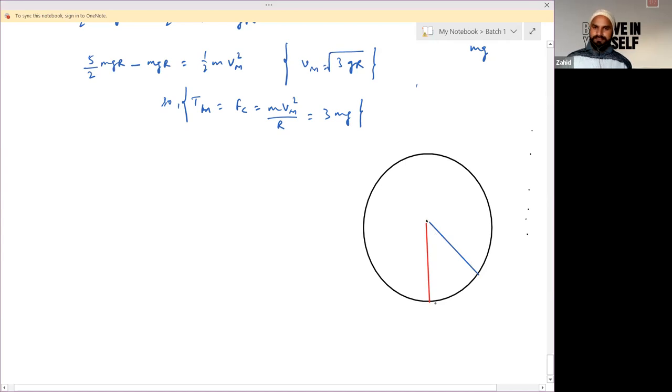This is your center. A body is at this instant inclined at some angle theta with vertical.